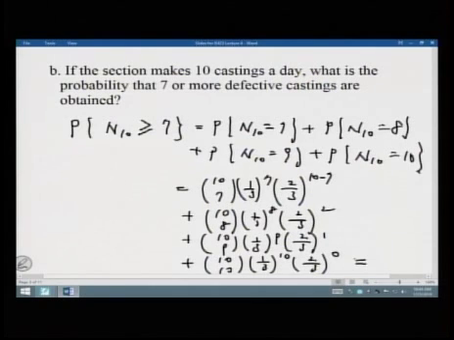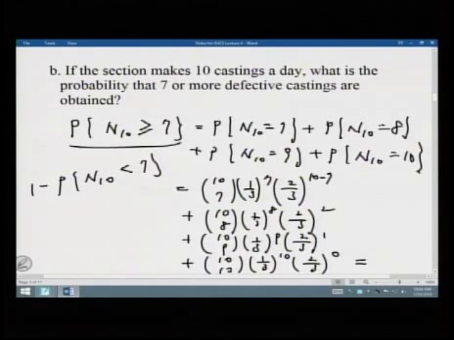So what you want to do is 1 minus probability N sub 10 is less than 7, something like this. Sometimes if you do this, there'll be less computation, but in this case, this would be better, okay?